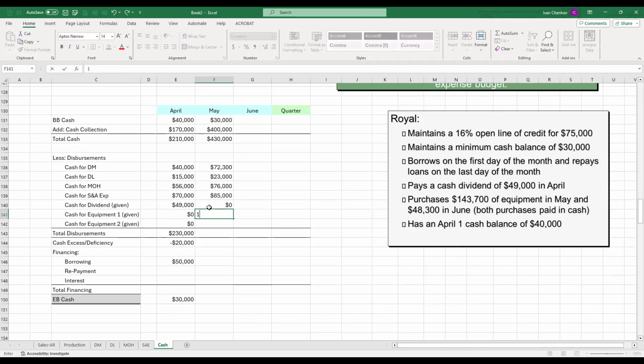So I have to pay 143,700 for the cash, which is given to us. So in total, I'm gonna spend $400,000. My excess and deficit is exactly $30,000.